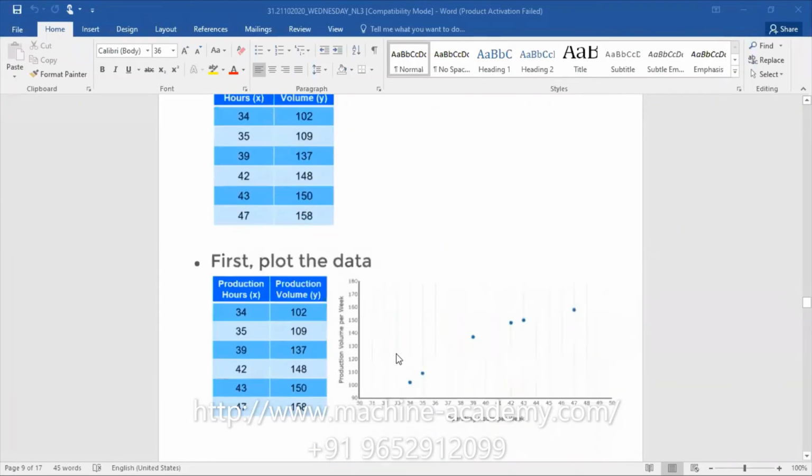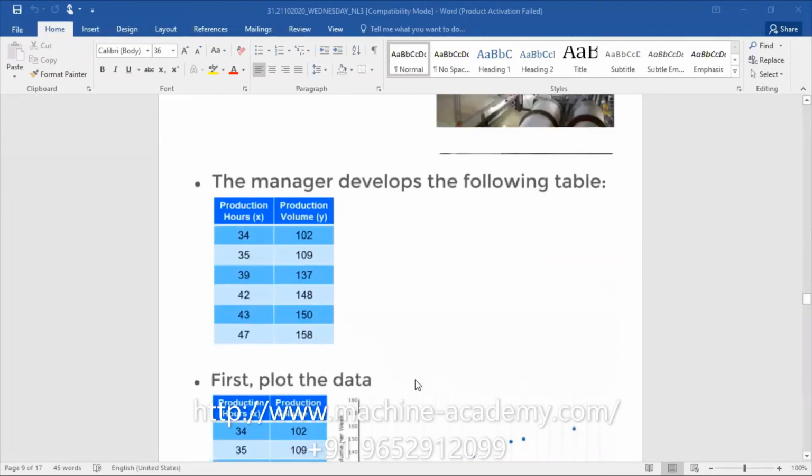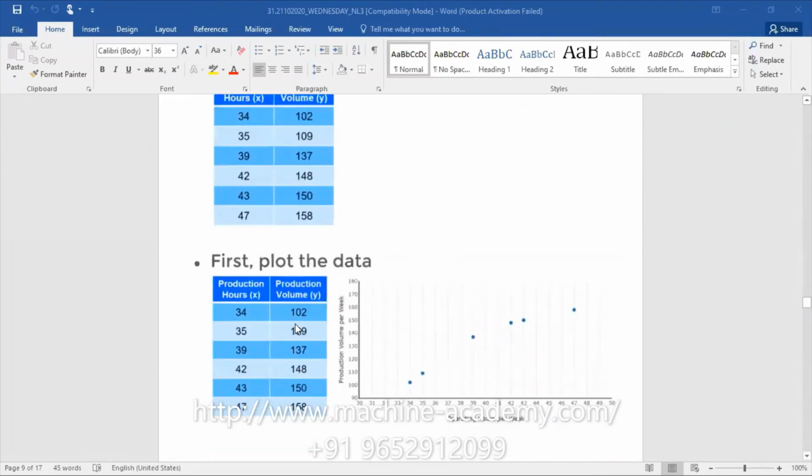Now plotting the points in this pattern. Try to understand the graph. If I start to draw the graph, it starts from the base value of 30 hours, but the points start at least from the 34 hours X value.